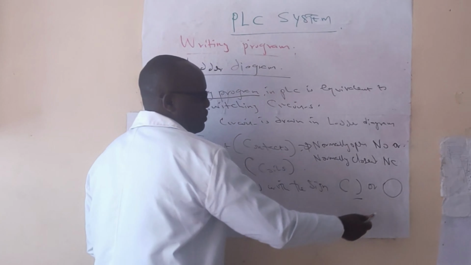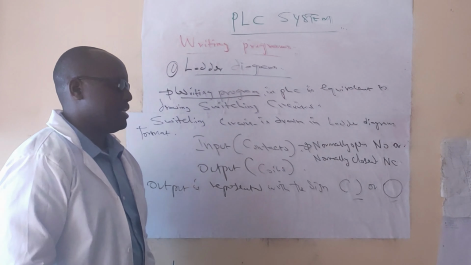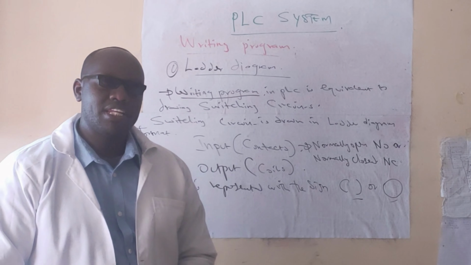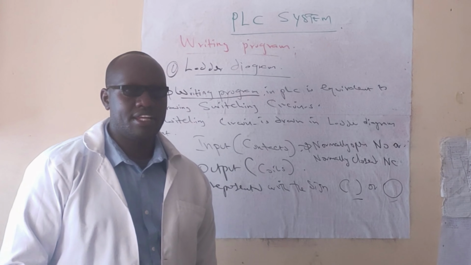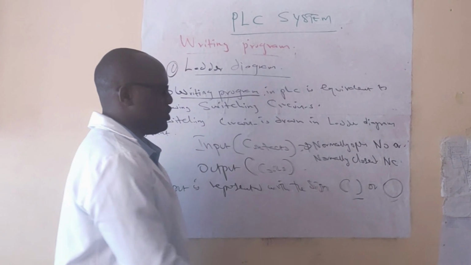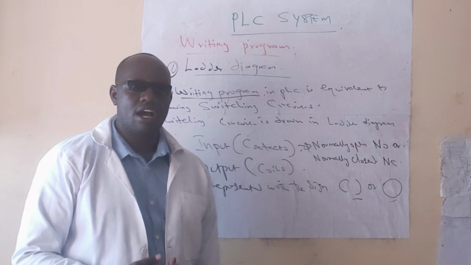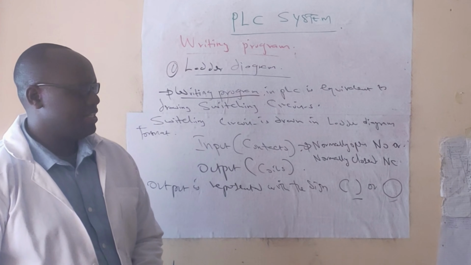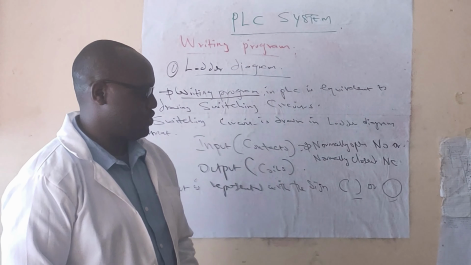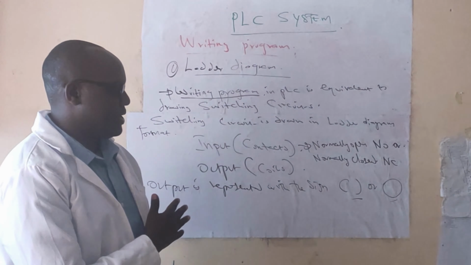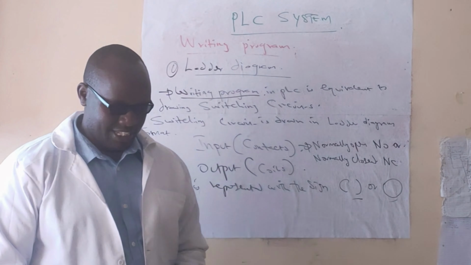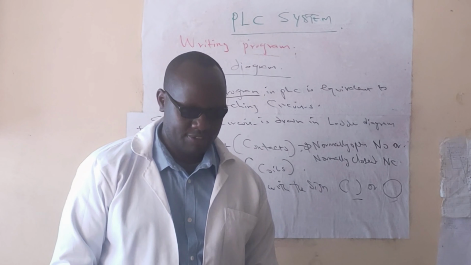When you are given a program and told to design the ladder diagram, when you show this, it means it is the output, and you can use either one, you just pick any. But the two represent that it is the output.